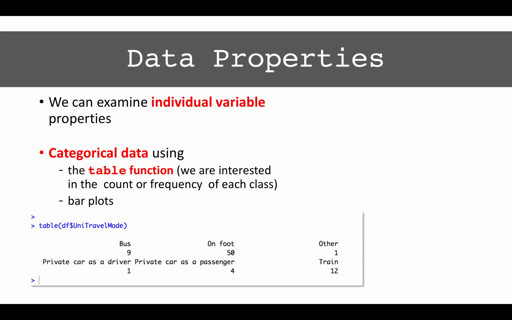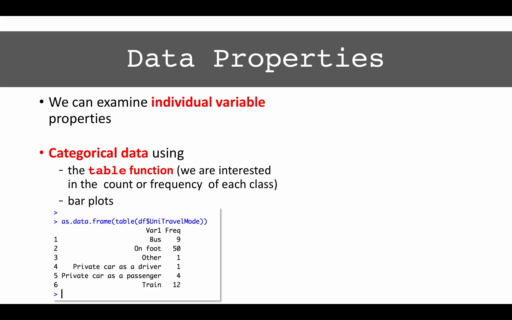So we've looked at numeric data. We can also look at categorical data, and we can do this using the table function. What we're interested in here is the count or frequency of each class. So looking at your travel mode, we can see that there are different counts for the different modes of transport to the university.